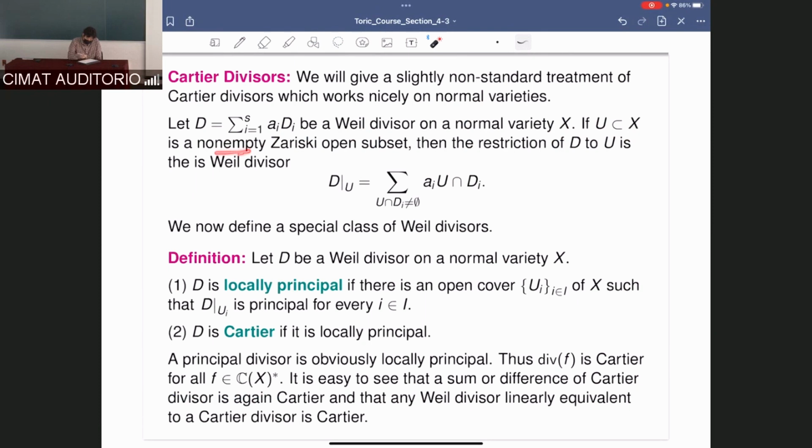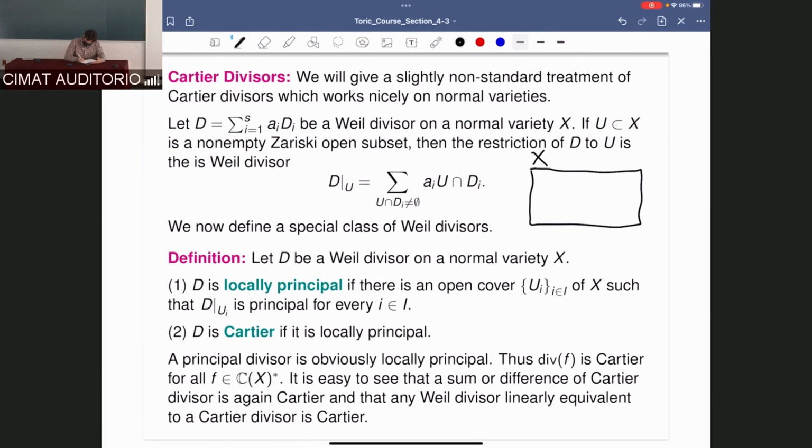What you do is the following. Your D is a sum with coefficients of some D_i's. Some D_i's might miss your U, and some other ones intersect your U.